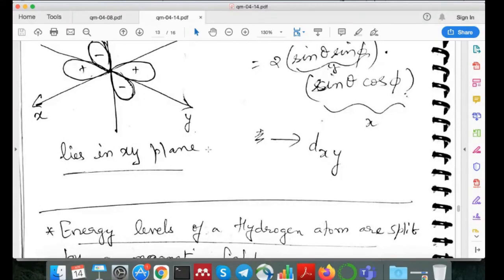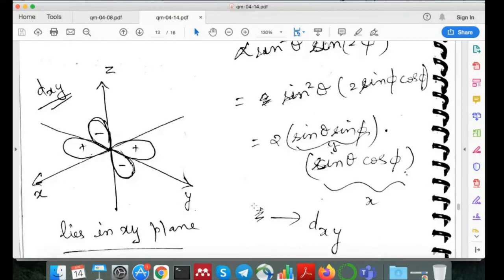So this is how you get the orbitals, the way the orbitals turn out to be when you represent them in Cartesian coordinates, how the cloud of electrons looks.